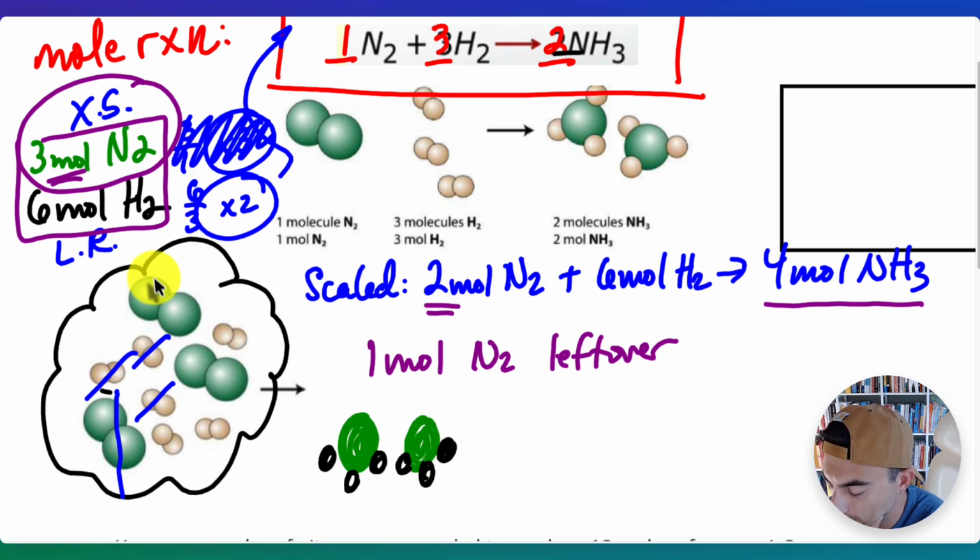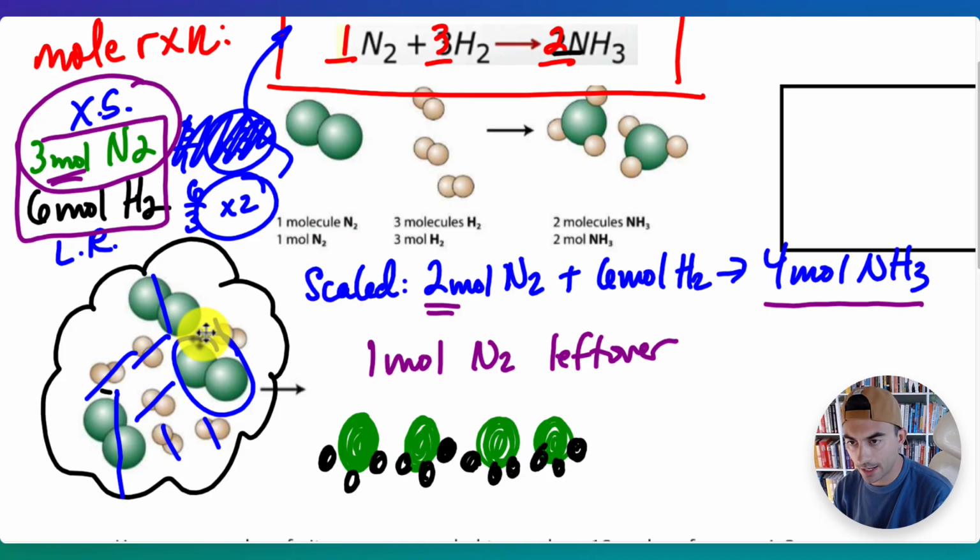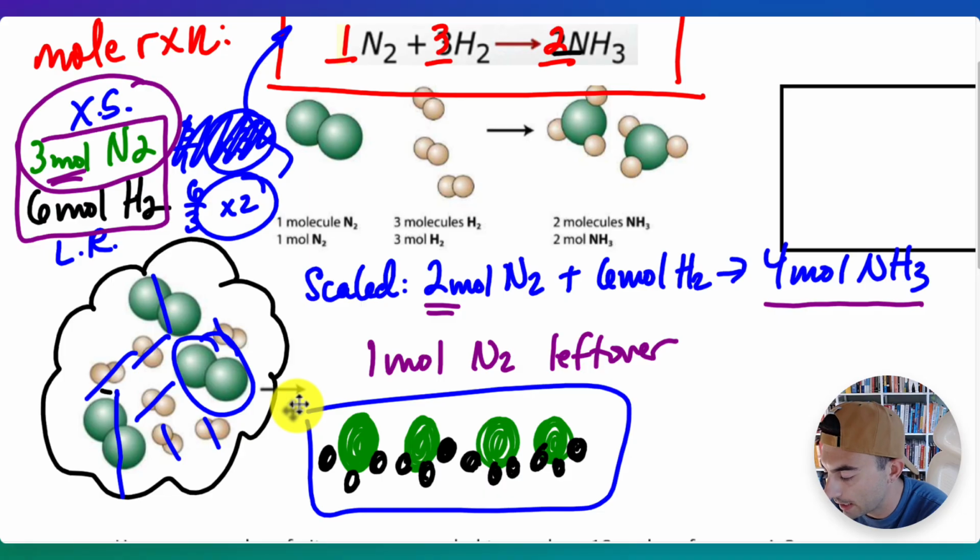The reaction can run again. 1 of those, 3 of those should get us another 2 of these. And then the reaction can't proceed anymore, right? We've exhausted the hydrogen. We've used all 6 moles. I made my 4 moles of NH3 and I have 1 mole of nitrogen left over, right? So it just confirms it there.